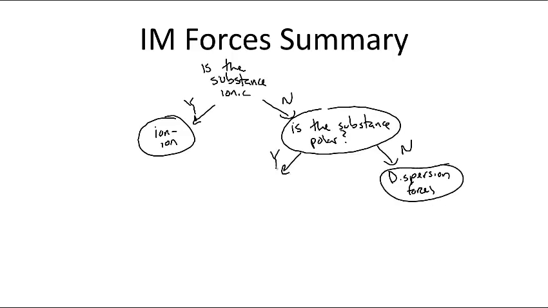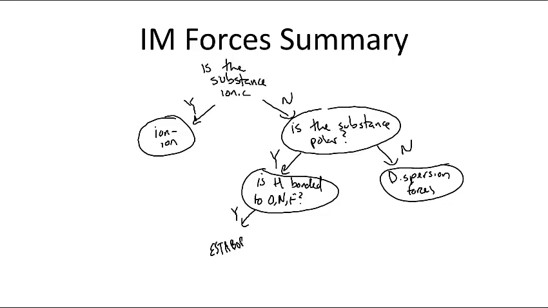If yes, is H bonded to O, N, or F? If yes, well then we have Estebofs. If no, we have dipole forces. So this is just a simple flowchart that helps you figure out what type of intermolecular forces are present.